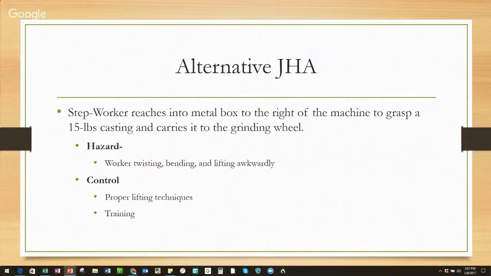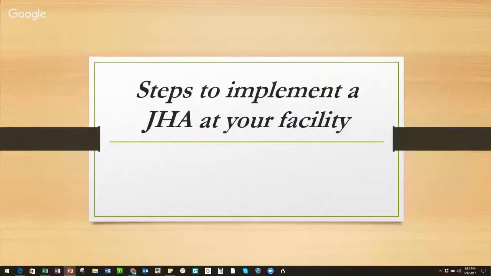Let's say step one could be the worker picking up the actual piece of casting. Picking up the casting itself could be a twisting and bending hazard, lifting awkwardly. So you're going to teach them to lift properly and train them on that. The next step after picking up the casting is putting it on the grinder.